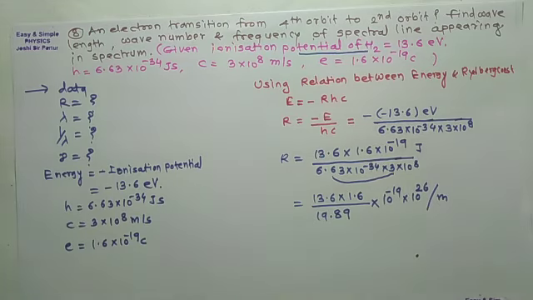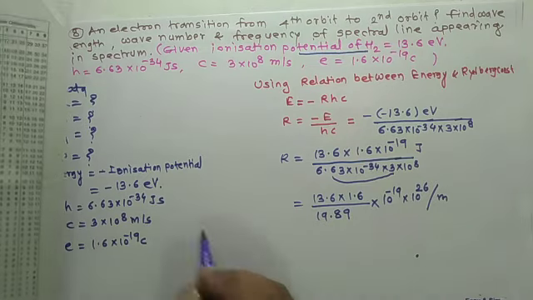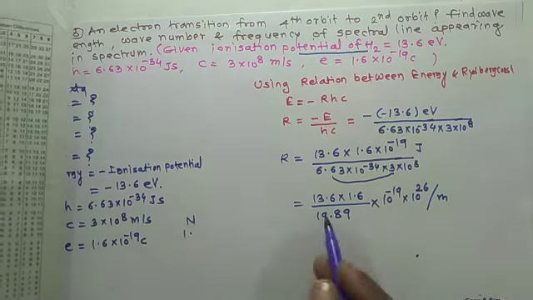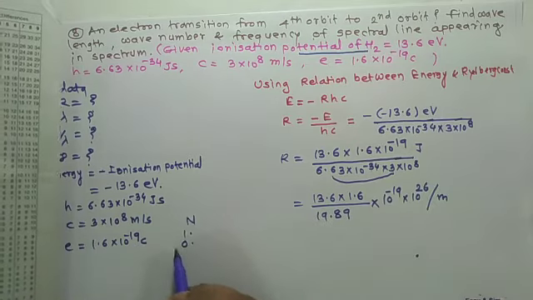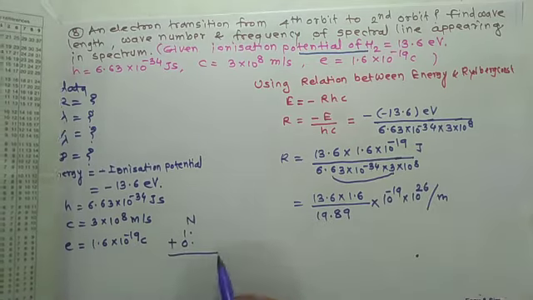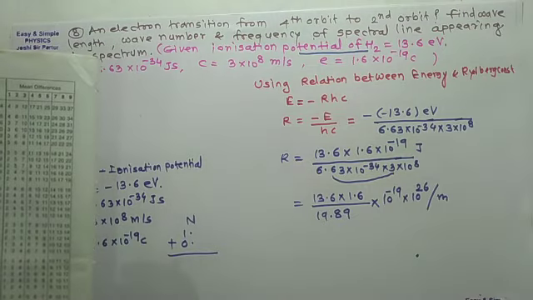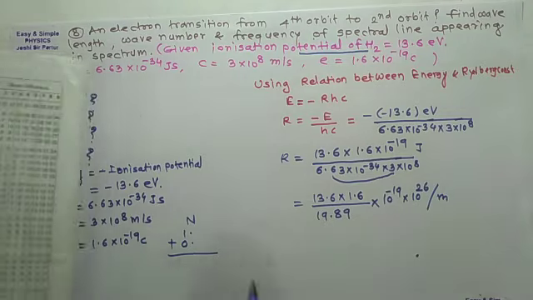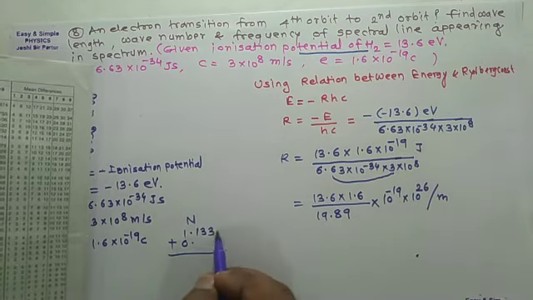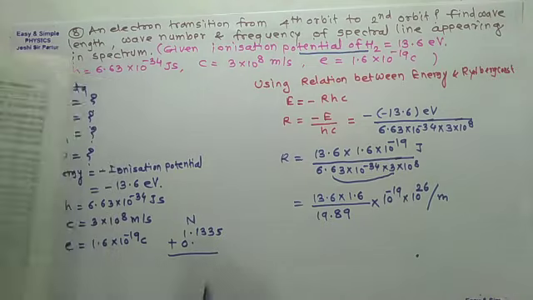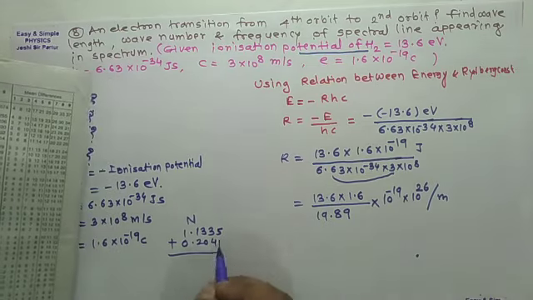So log of 13.6 and 1.6. So in the numerator, its characteristic will be 1 and 0. Addition. So 13 in 6 will be 1335. 16 in 0 will be 2041.